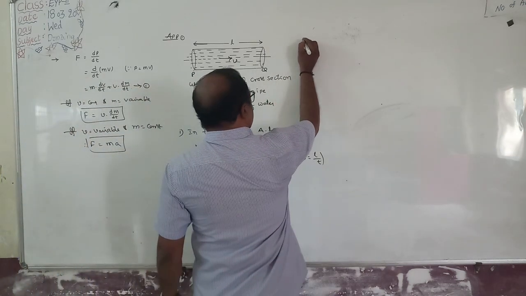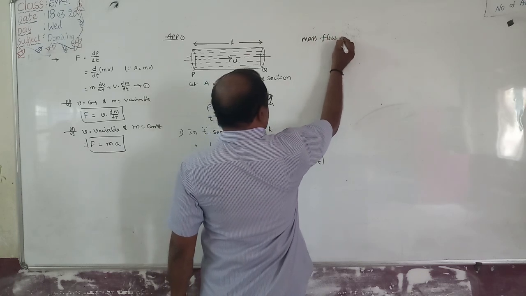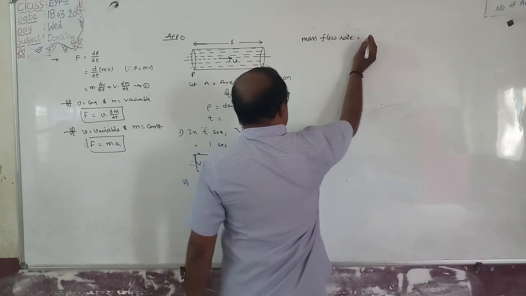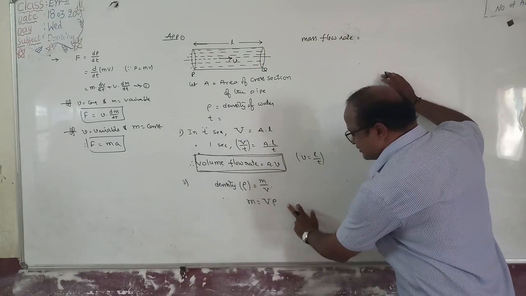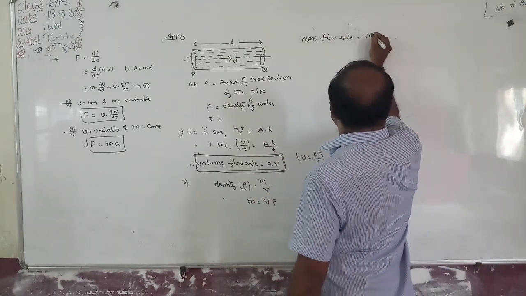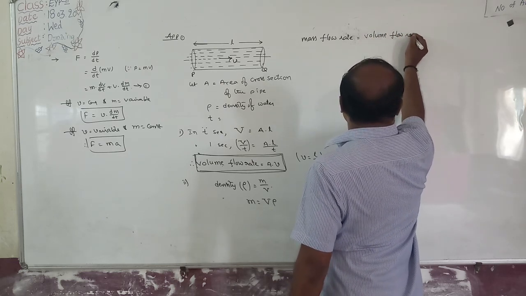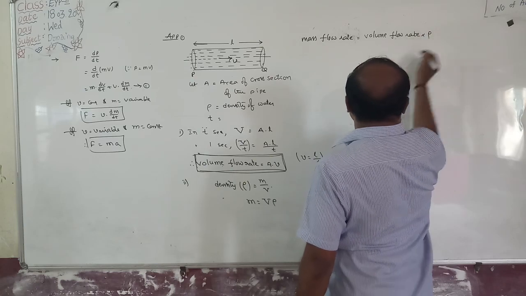Therefore, mass flow rate is equal to mass, which is volume into density. Mass flow rate is equal to volume flow rate into density.